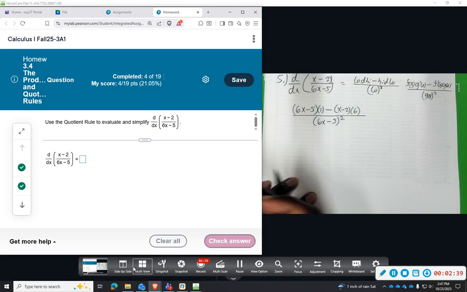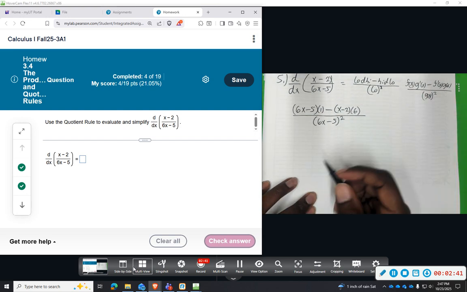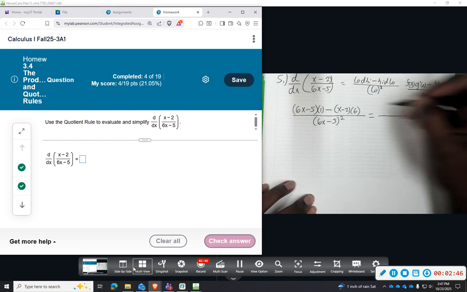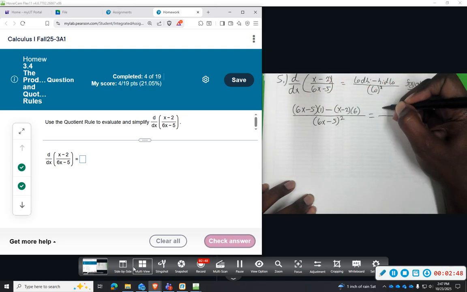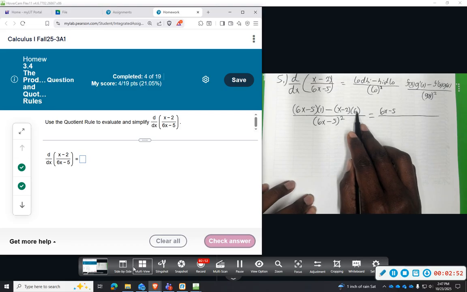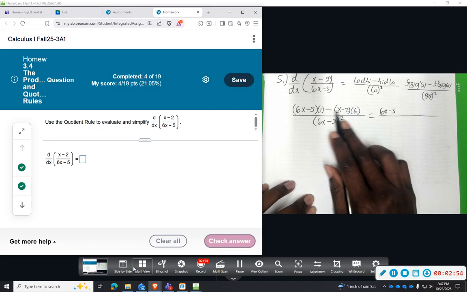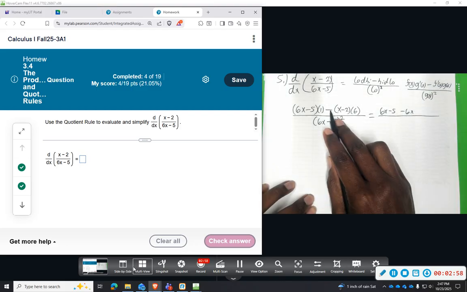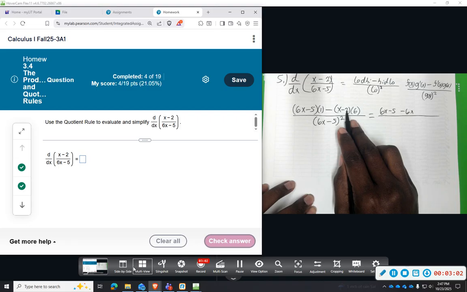And then I think you could leave it like that, that would be fine, but I'm going to distribute and simplify. So on the top, just 6x minus 5. Here, 6x minus 2, but you're going to distribute a negative to both of them, so it'll be a minus 6x. 6 times 2 is 12, so minus a negative 12 will be plus 12.